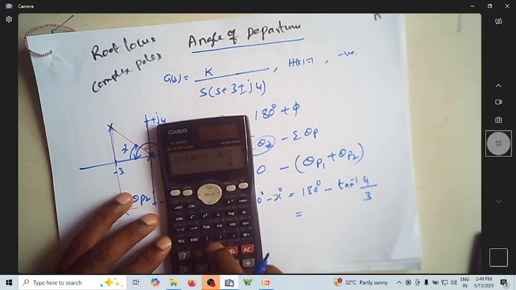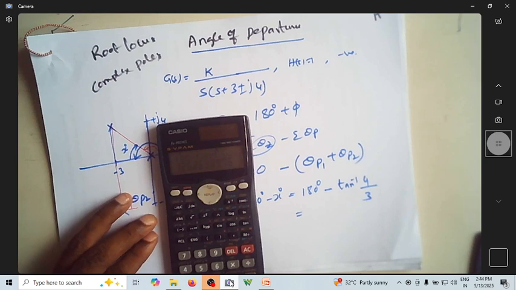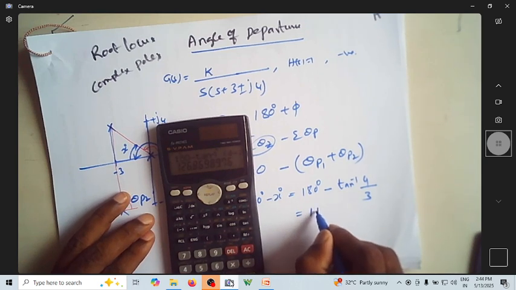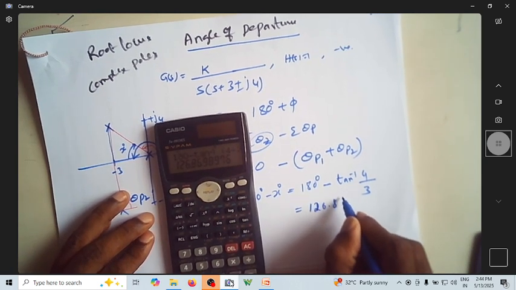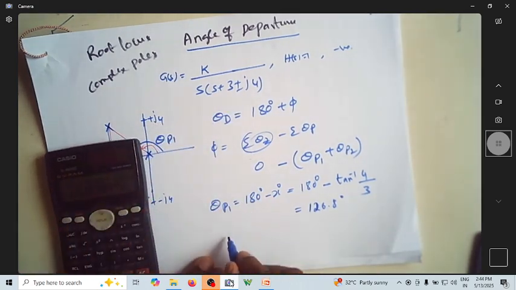Make sure that it's in degrees. So you will have 126.8 degrees. This is theta p1.